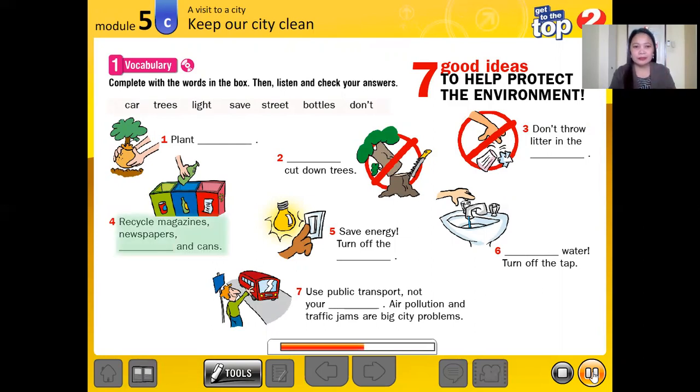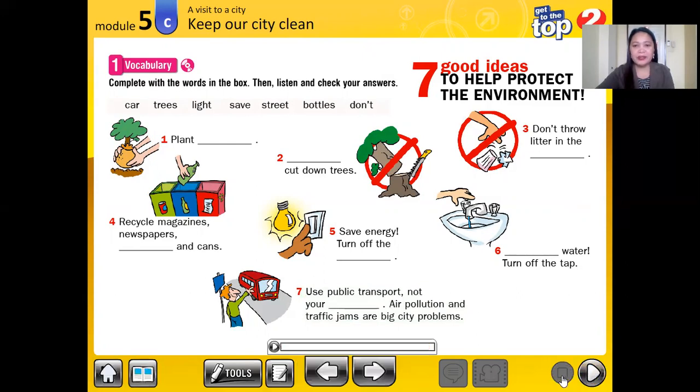Recycle magazines, newspapers, bottles and cans. 5. Save energy. Turn off the light. 6. Save water. Turn off the tap. 7. Use public transport, not your car. Air pollution and traffic jams are big city problems.